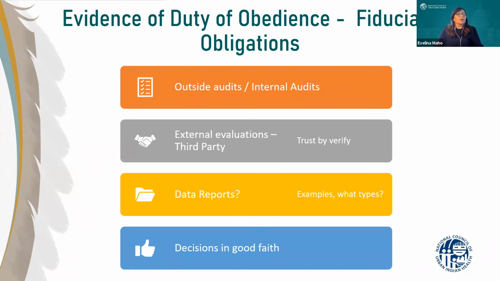So when we're talking about fiduciary obligations, there might be some outside audits, internal audits that might occur, and that's something that's pretty typical and important to keep in mind, and a part of your operations as board of directors.